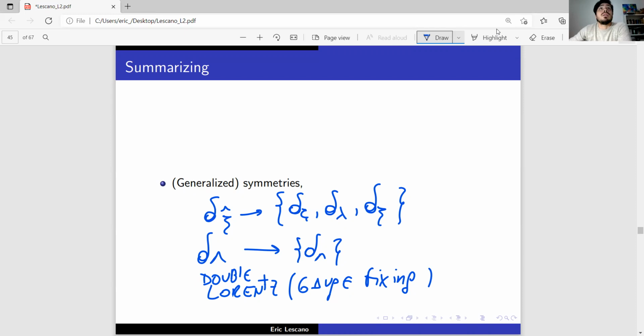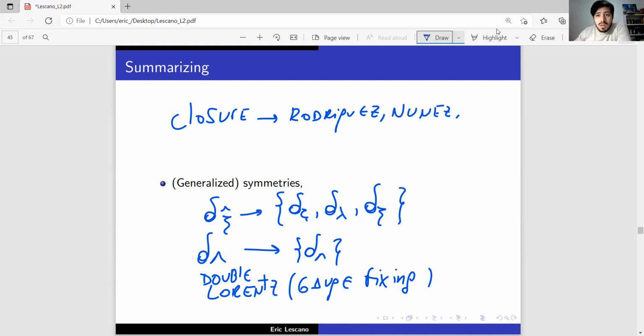Well, then I'll tell you the reference. It's a paper with a lot of closure conditions that can be checked, a paper with Rodriguez, Núñez, and myself. You can check the closure between Lorentz transformations, mixed transformations between diffeomorphisms and Lorentz, or the closure of the higher derivative deformations. We have a lot of closure conditions in that paper. I can find the number of the reference in my notes, but it's there.